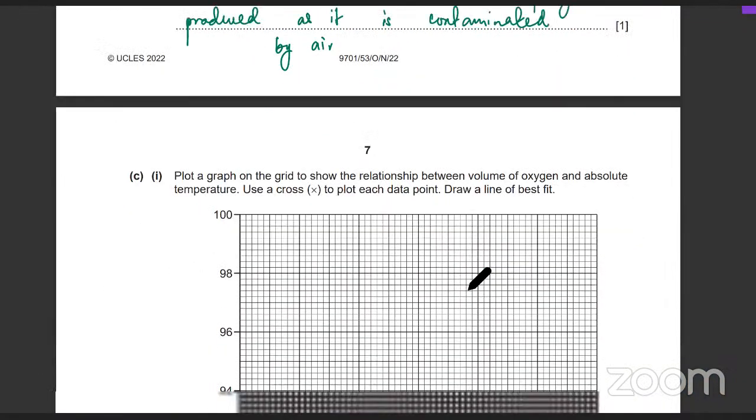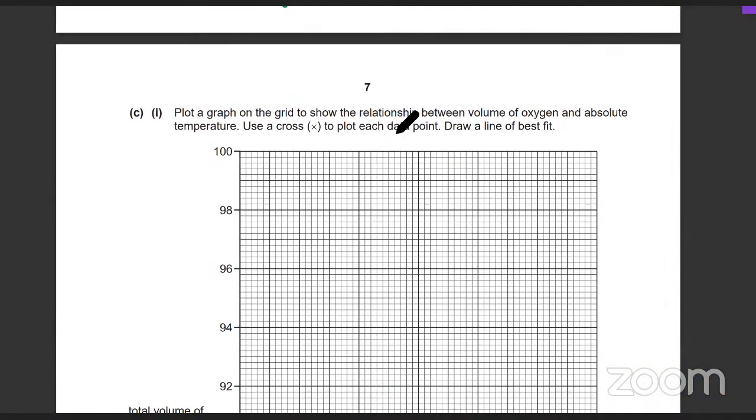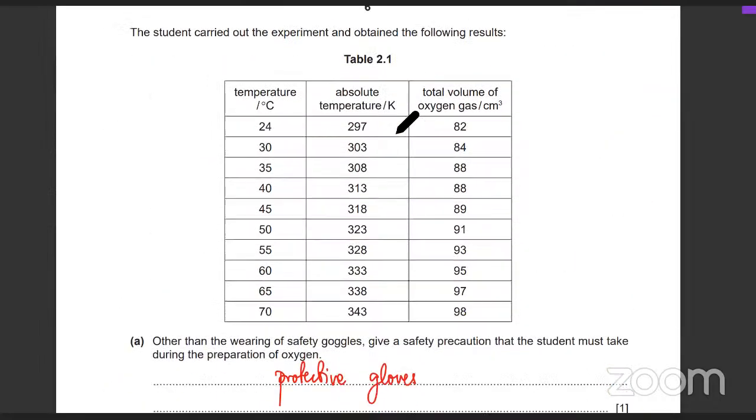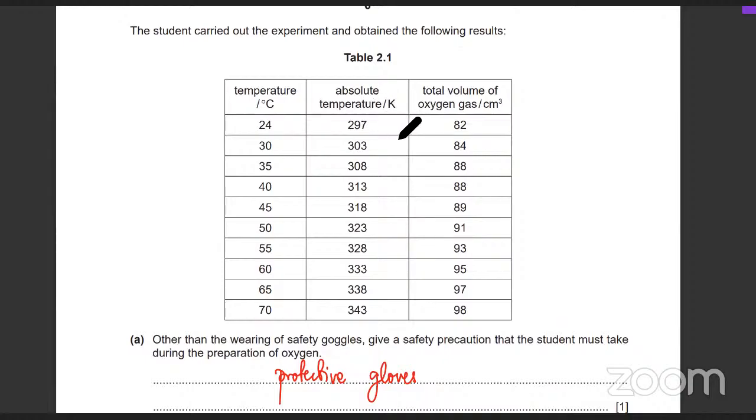That's the next one. Plot a graph on the grid to show the relationship between the volume of oxygen and absolute temperature. Use a cross to plot each point. So we've got to plot all these points on a graph. Let's start plotting it quickly. The first one is 24, and we had to plot absolute temperature.